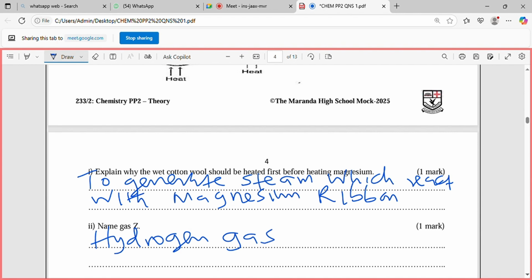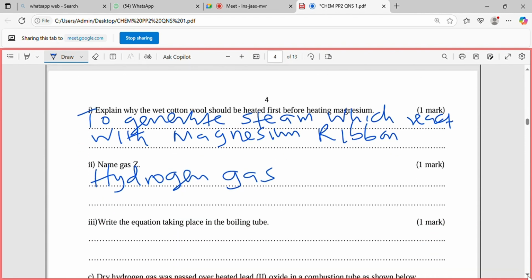Then next, you are asked to write an equation taking place in the combustion tube. In the combustion tube, we have magnesium reacting with steam. A metal plus steam gives a metal oxide plus hydrogen gas.